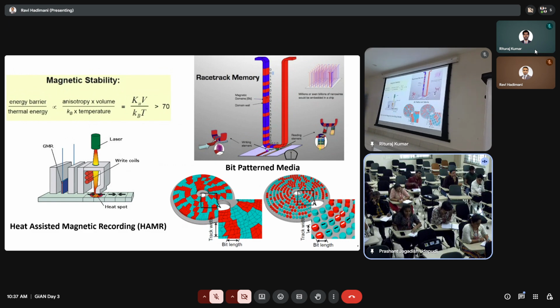The highest saturation magnetization has a limit. The best one is iron cobalt write heads, and those are 2.4 Tesla saturation magnetization. And if you increase this, we don't have other materials to increase.